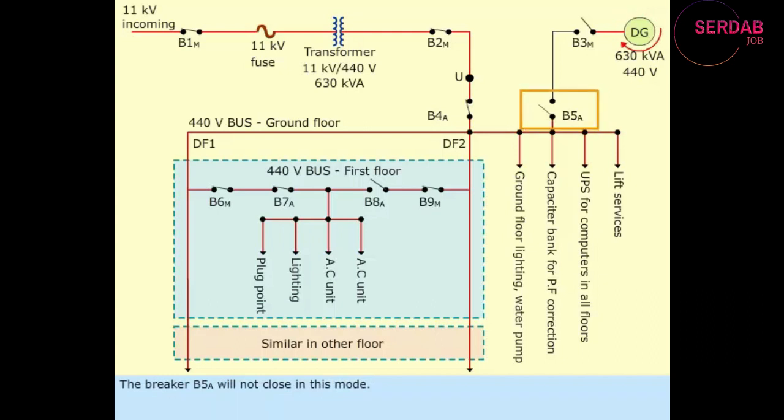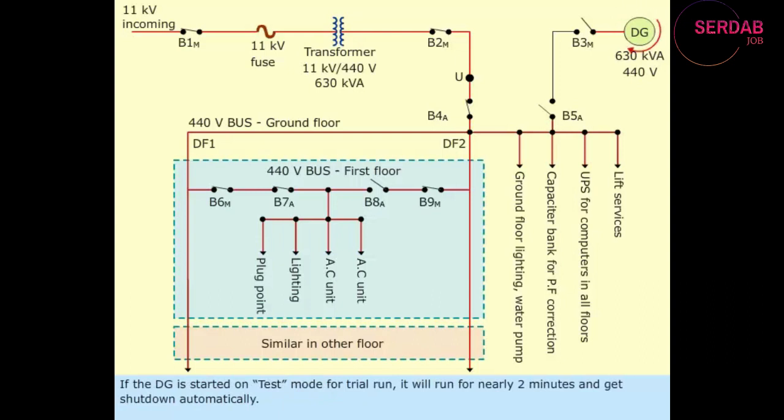The breaker B5 sub A will not close in this mode. There is also a test mode for the DG. If the DG is started on test mode for trial run, it will run for nearly 2 minutes and get shut down automatically. And the mode will change to auto.